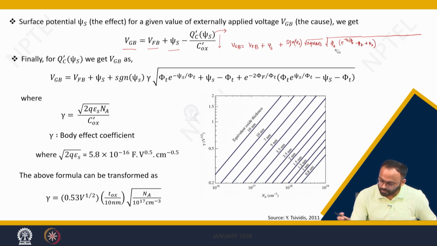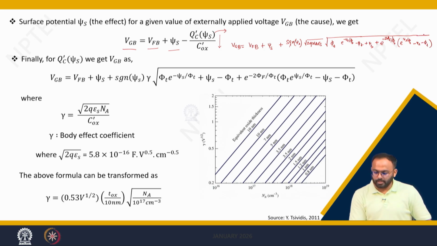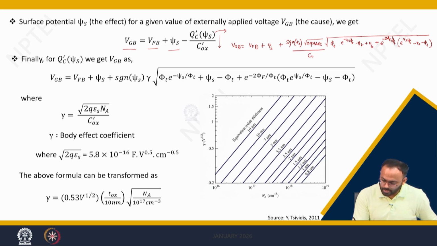So this will not come like this: psi s plus e to the power minus 2 phi f over phi t into e to the power psi s over phi t minus psi s minus phi t, right here, and divided by COX dash.